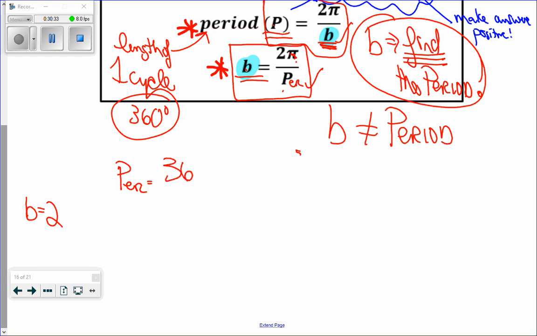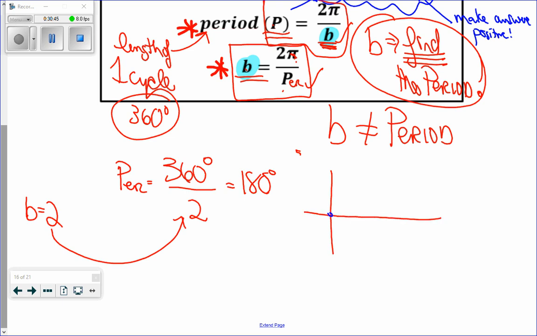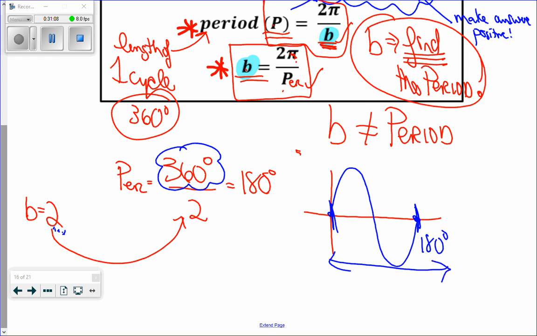So if I go 360 divided by 2, what's 360 divided by 2? So what that means is that if I use my sine graph and I go up, down, up, instead of it taking 360 degrees, it's only going to take 180 degrees. So if b equals 2, my period is now 180.